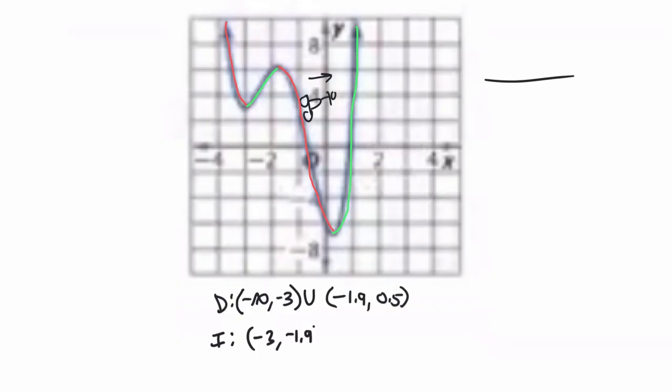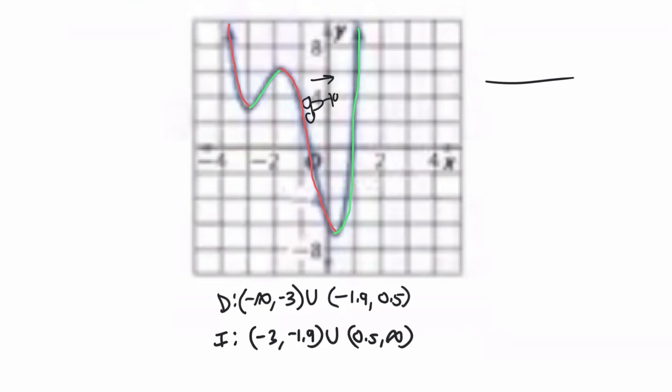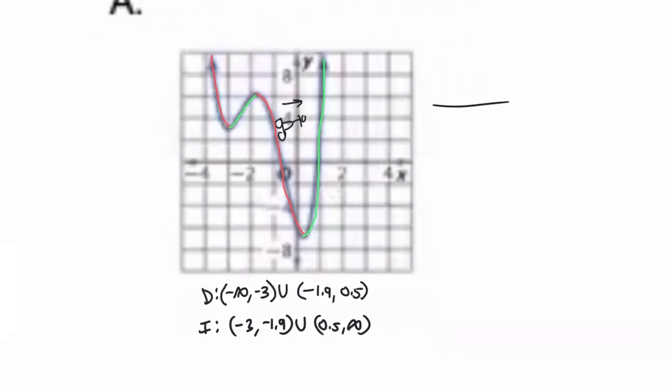Your teacher is going to want to see that you know that -3 needs to correspond with this, and -1.9 needs to correspond with that. So we have a union, then it's increasing from, let's not make this up on the fly, we called that 0.5 before, so it's increasing from 0.5 to infinity. So we have parentheses and then we're done, and then we're getting an A on the quiz.